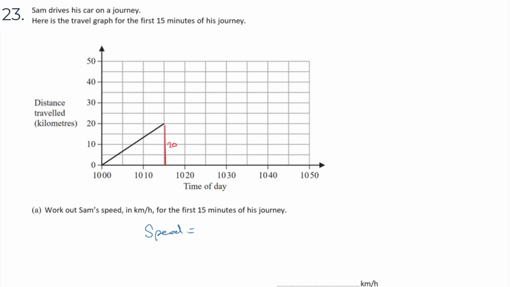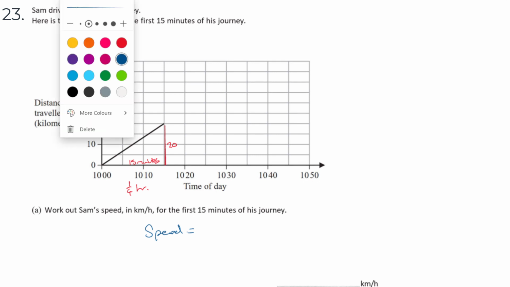And then the change in x, I've got from 10 o'clock to 10:15. Now presumably this is in kilometers per hour, so rather than writing 15 minutes, I'm going to convert that into a quarter of an hour. That's the same thing as 15 minutes, isn't it?